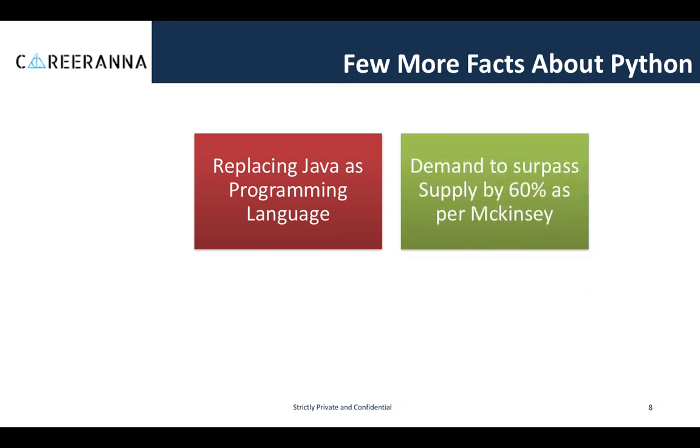Secondly, when it comes to data science, Python as a language is expected to see demand in excess of supply. And this demand is going to surpass supply by 60%. This is what McKinsey said a few months back in its report.